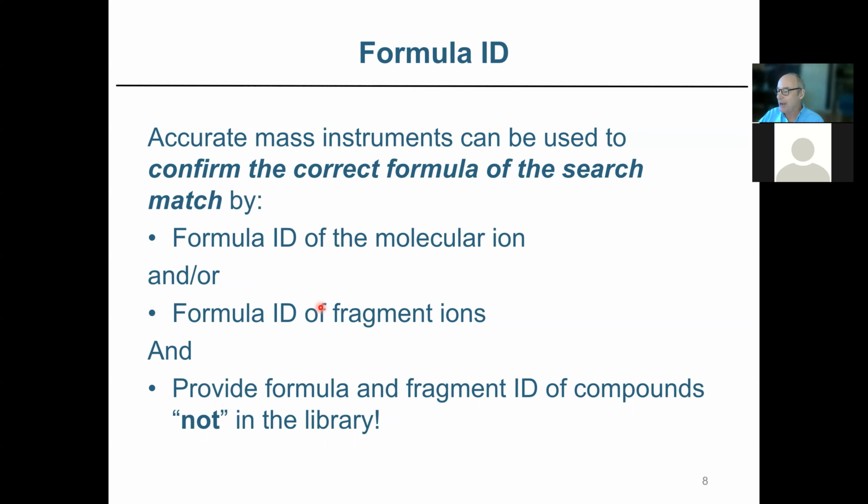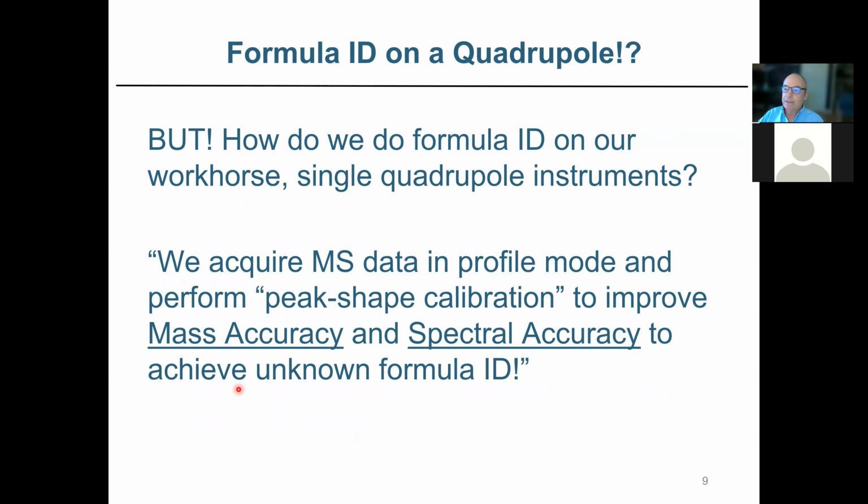You can go to ChemSpider and look some things up, and at least start to get an idea. Even without MSMS, using EI, you can get a reasonable amount of information. And as I say, we can provide the formula and fragment ID of compounds that are not in the library, which is in itself quite powerful.